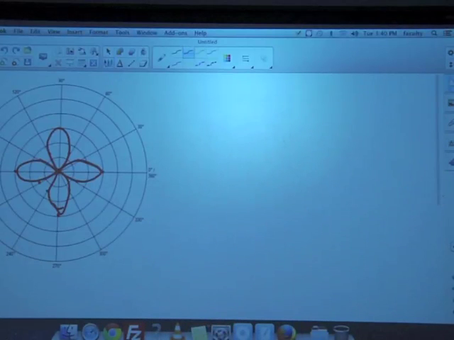You get a 4-petal rose when you graph that. So with polar graphs, you can get some interesting shapes.